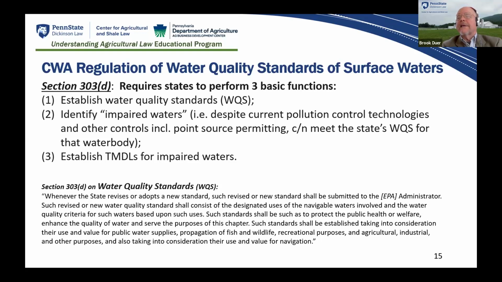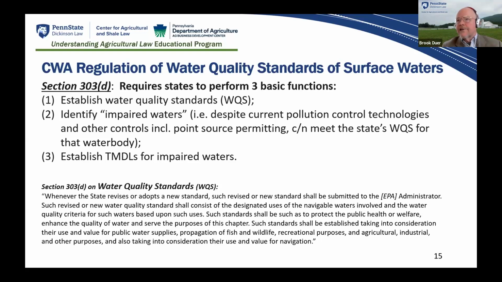So states have basically three functions: establish water quality standards, which we'll abbreviate WQS, and identify impaired waters, which are essentially waters where, despite current pollution control technologies and all the other controls that are being implemented or available to be implemented, this water does not meet the state's water quality standards for that particular water body.